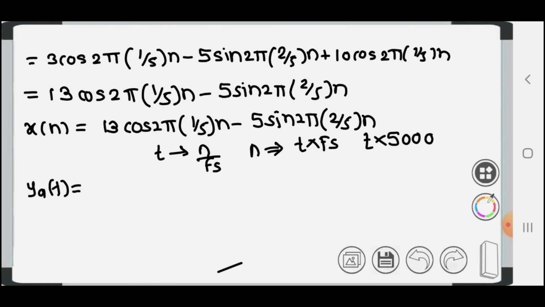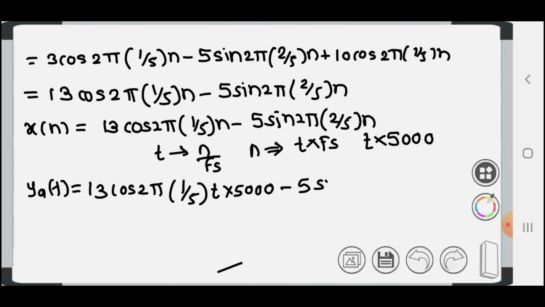So the reconstructed signal y of t will become 13 cos 2π 1 by 5, so instead of n we put t into 5000, minus 5 sin 2π 2 by 5 t into 5000.